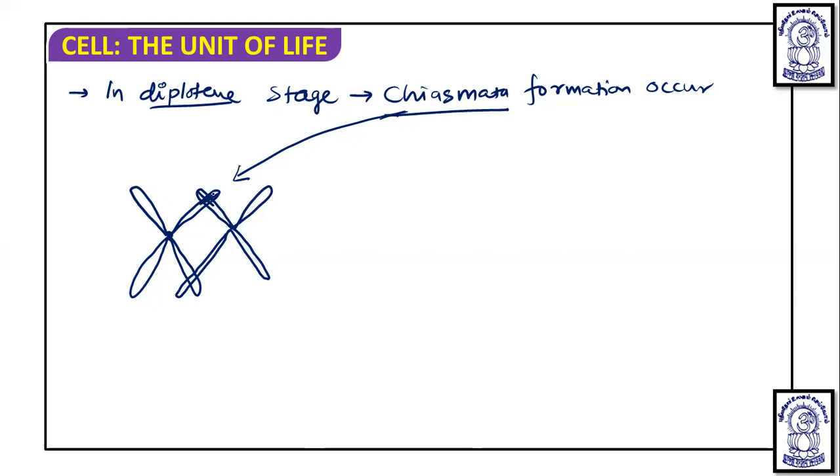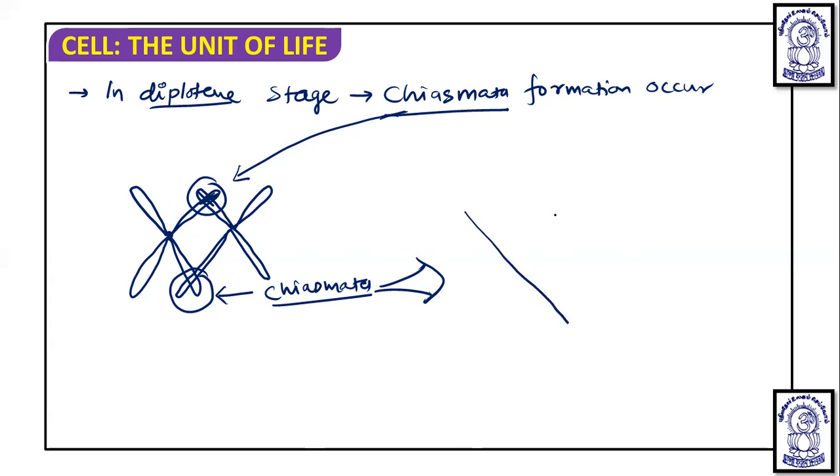This X-shaped structure is known as chiasmata. When we observe this X-shaped structure, it looks like this in Lampbrush chromosome.